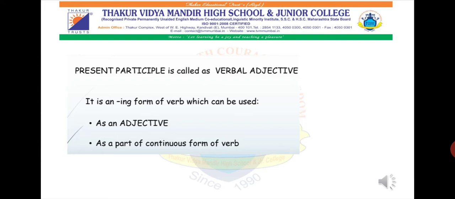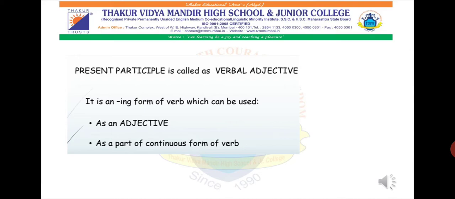If you remember my slide on infinitives, I mentioned participle: V1 plus ing, or V3, or it can be having plus V3. But we will study only the present participle because only present participle is there in your portion.